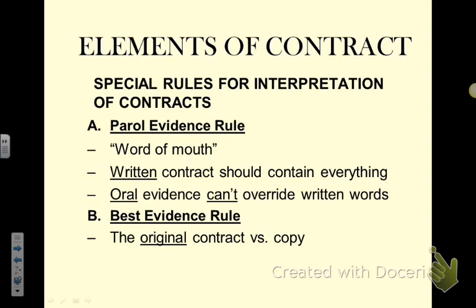We know contracts for less than $500 can be valid if they're oral. However, it's always better to have a contract in writing. Word of mouth is basically overridden by written terms.